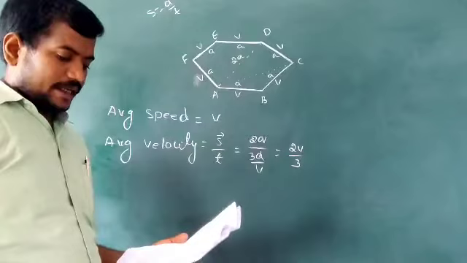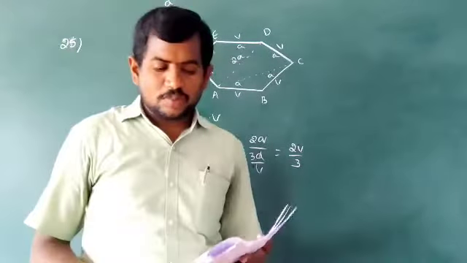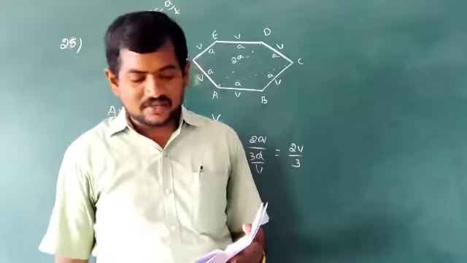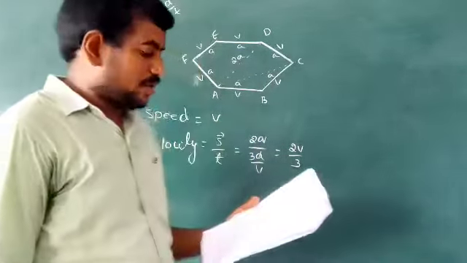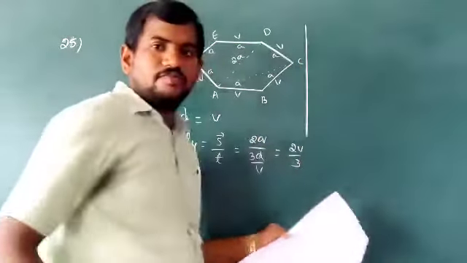Got it? And next, the 26th one. A body is moving along the path ABCD as shown in the figure. Then find the average speed and average velocity of the body from A to D. In a similar manner, one more picture is given to us.